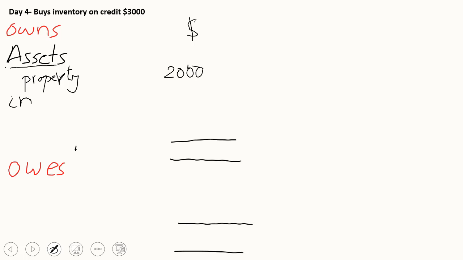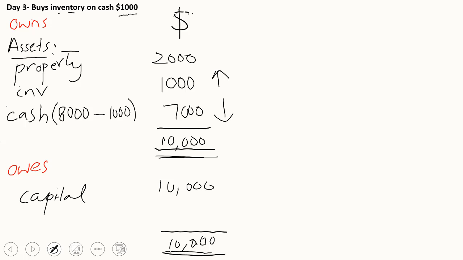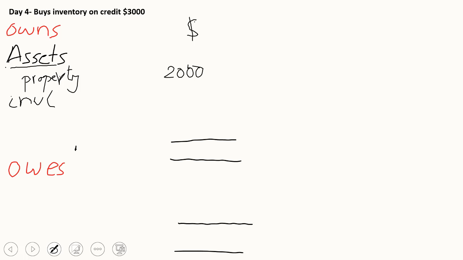Inventory, how much was it before? Let's see, it was 1,000. So inventory has gone up by 3,000 and it was bought on credit. 1,000 plus 3,000, that's the first effect. New inventory is now $4,000.